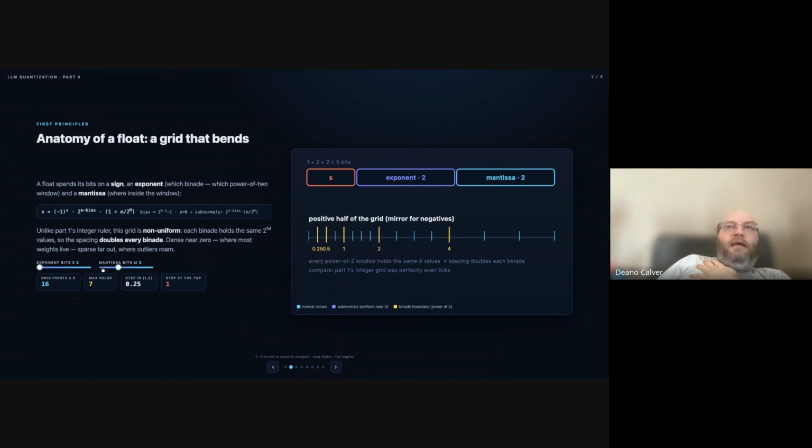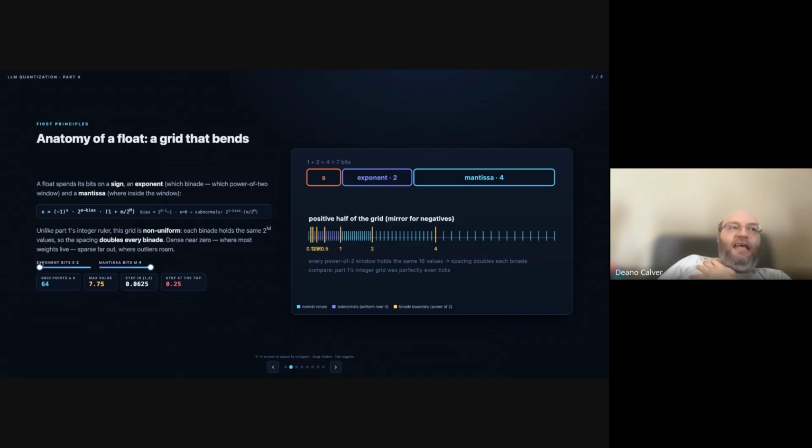It is worth noting, I think it's shown here, this color here is subnormals. Subnormals are a weird part of the float standards. Generally, we forget about them, but it does matter when you're getting close to 0. Subnormals are a different encoding that gives extra precision at very small numbers.